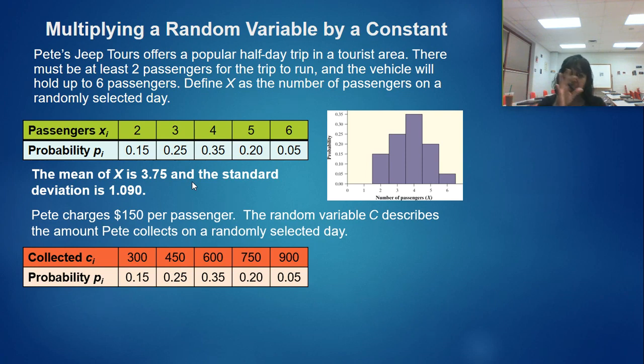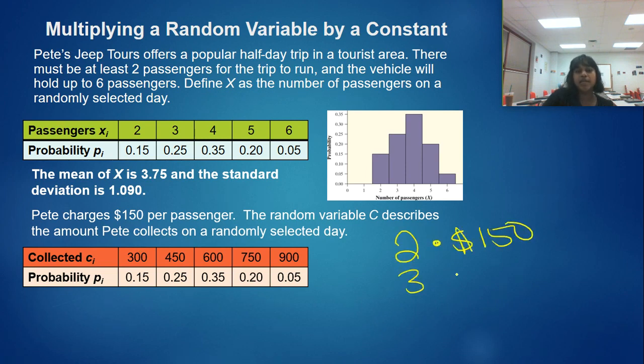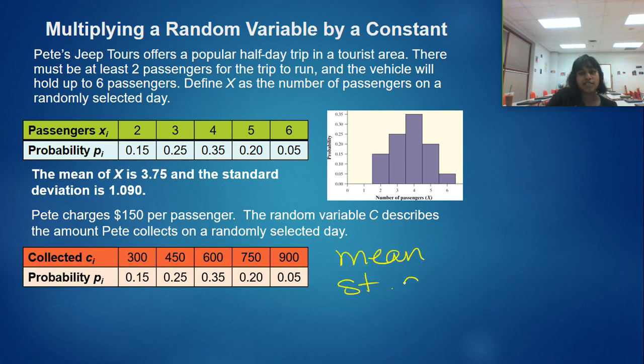What was I doing to 2 passengers to get this 300? I did 2 times $150, or 3 times $150. So this is a multiplication transformation. What do I know will happen? Well, the mean will change, and so will the standard deviation.